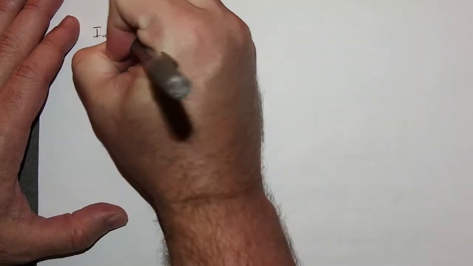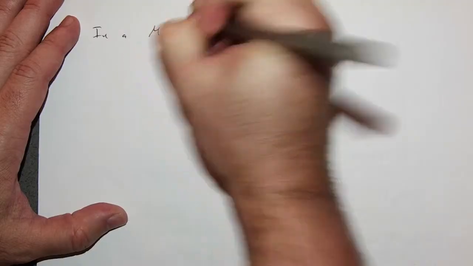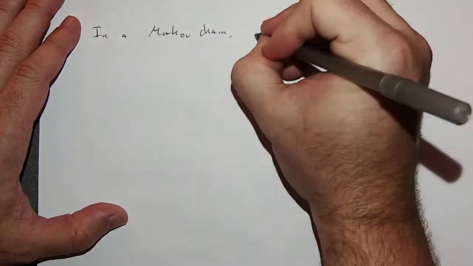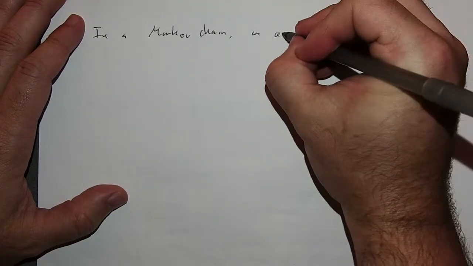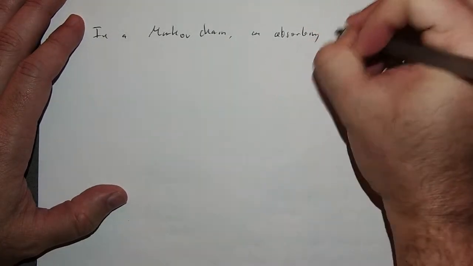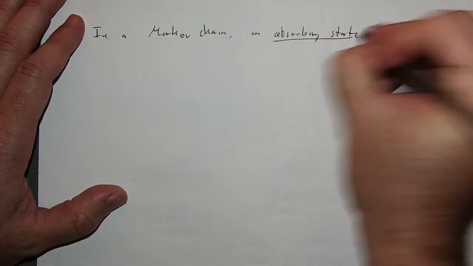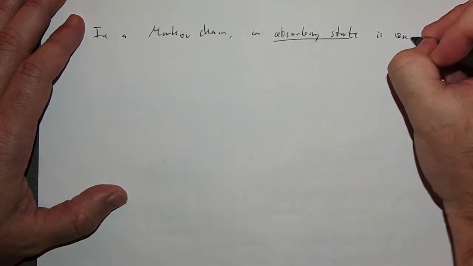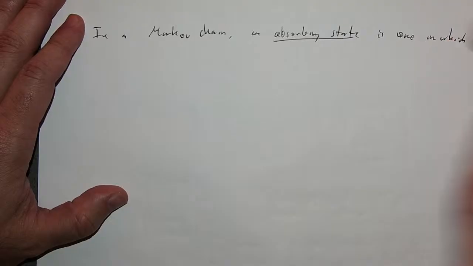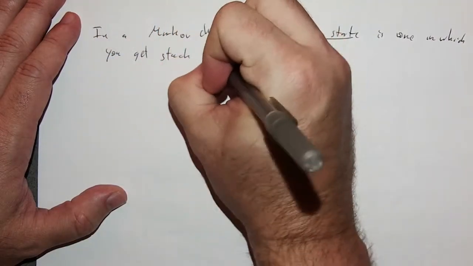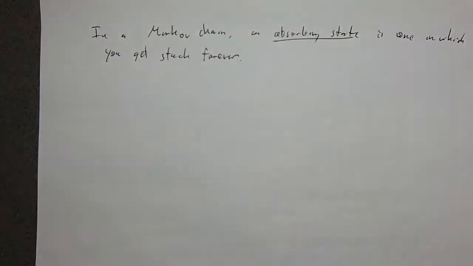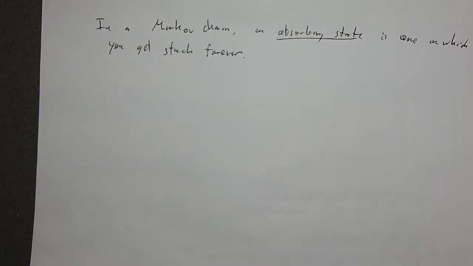So what is an absorbing Markov chain? In a Markov chain, an absorbing state is one in which you get stuck forever. Okay, so you get stuck forever. All right.